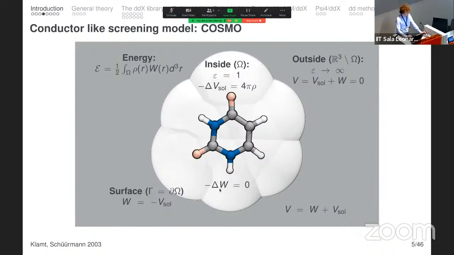Once we find the reaction potential W, we can compute the solvation energy as this integral with the solute density here. And in this case, since the environment is a conductor, we know that the potential inside of a conductor is constant, and we set it to 0. And so the problem is a partial differential equation defined inside with boundary conditions at the cavity. And this localization of the problem is what makes ddCosmo, for instance, really, really fast.